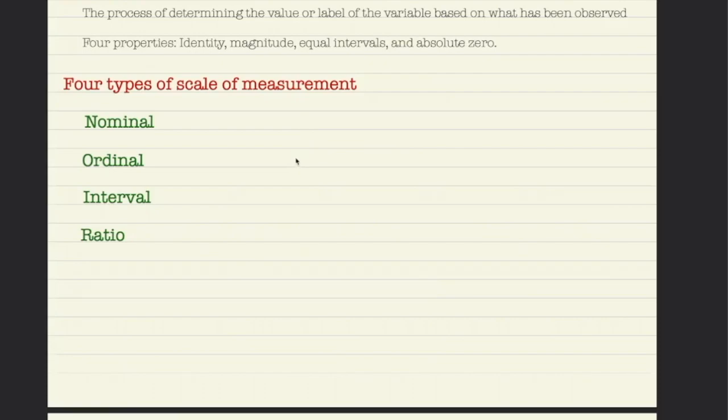First, we have the nominal. When we are using the nominal, the data are labels or names, and we are using a non-numerical or numeric code.